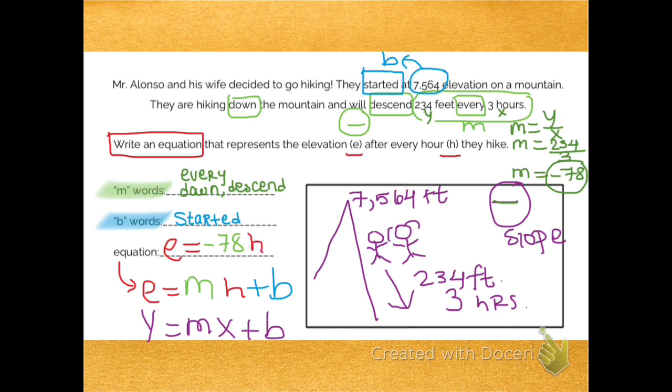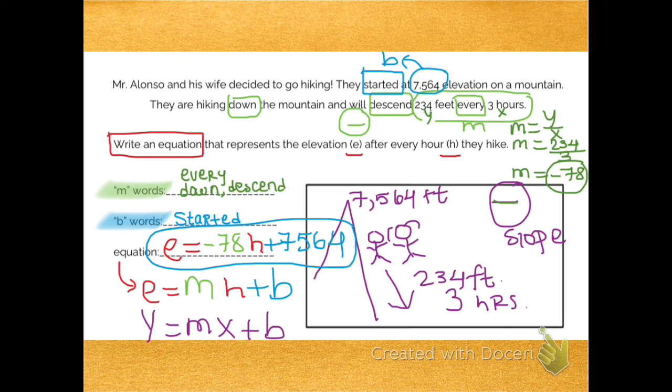H, and then we do have a positive y-intercept because we begin at that height. But then the slope is negative because Mr. and Mrs. Alonso were descending instead of ascending up the mountain. They were going down, so it's a negative slope.